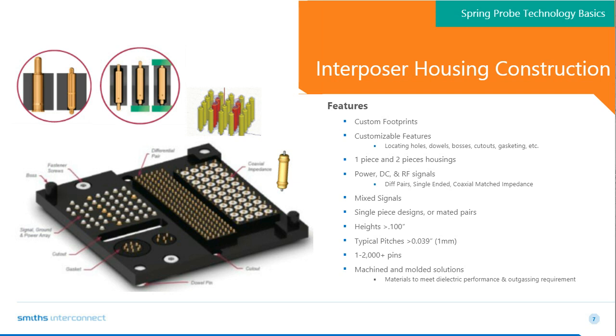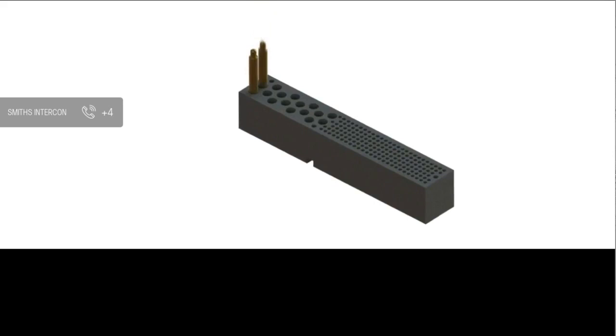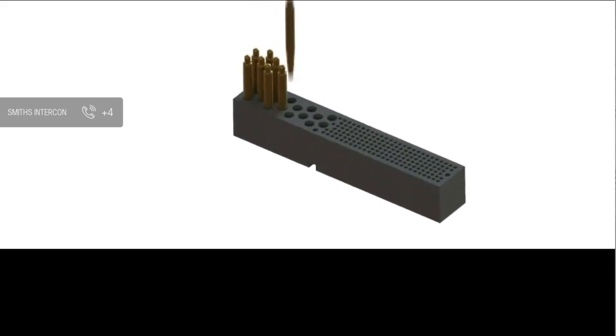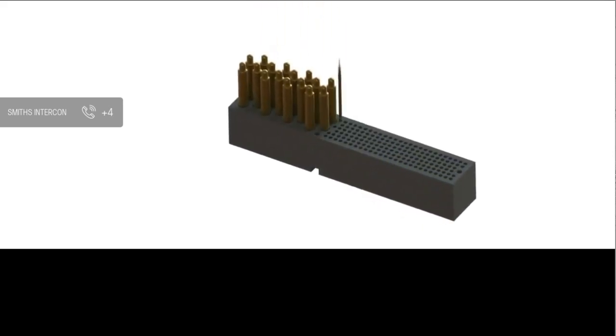So with that, this next slide is just going to be a quick animation to help better visualize some of the points I just spoke of. In this example, you can see that we're going to be showing a 2-piece housing that retains the probes. There we go.